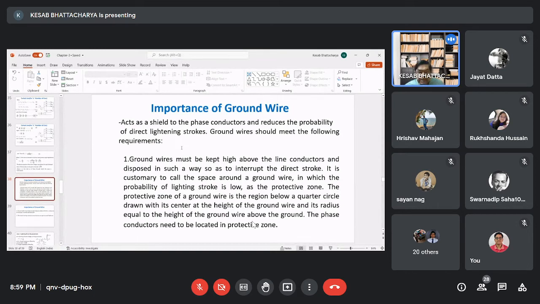Now, this wire acts as a shield to the phase conductors and reduces the probability of direct lightning strokes.